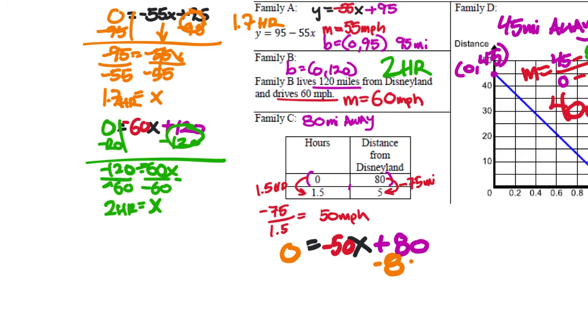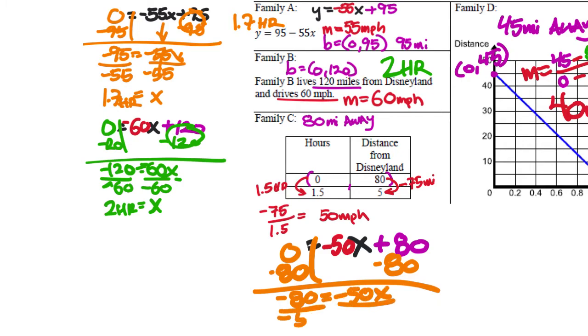So solving this one, subtract 80 from both sides. Divide both sides by the coefficient of x, negative 50. That tells us x, just put this in the calculator, you get 1.6 hours. So family C is looking at 1.6 hours to get to Disneyland.